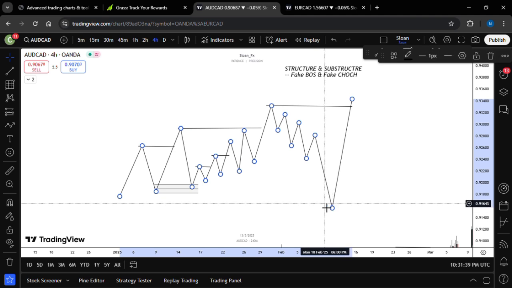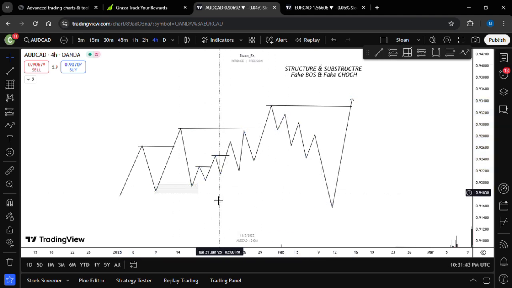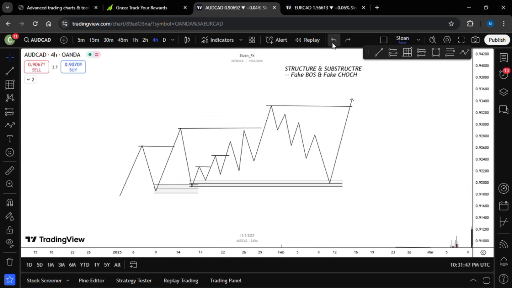When you've not seen a break of the last low that caused the break of structure here, because this is our break of structure, these mid ones are not our break of structure. This also is not our break of structure, it's still mid substructure. And you've not seen the move that broke this low, then it's not a change of character yet.